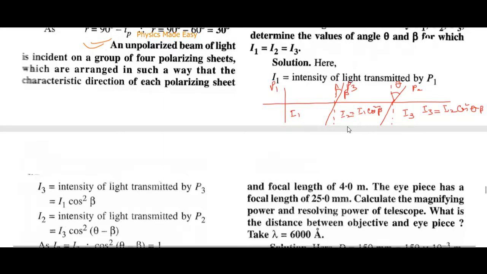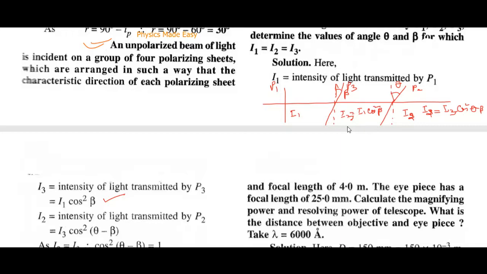So I will take it as I3 because this is P3 and this is P2. So he has taken it as I2. And here I shall be having I2 and here I3 because of changing notation. So first is this I1 cos square beta.